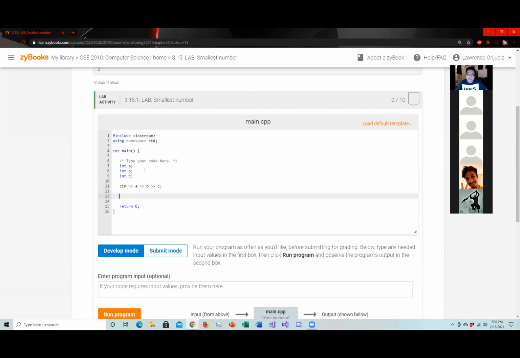And now we're going to have to make another if statement block of code, right? So we're going to say if. Now I picture 3 scenarios, right? If A is the lowest, B is the lowest, or C is the lowest.